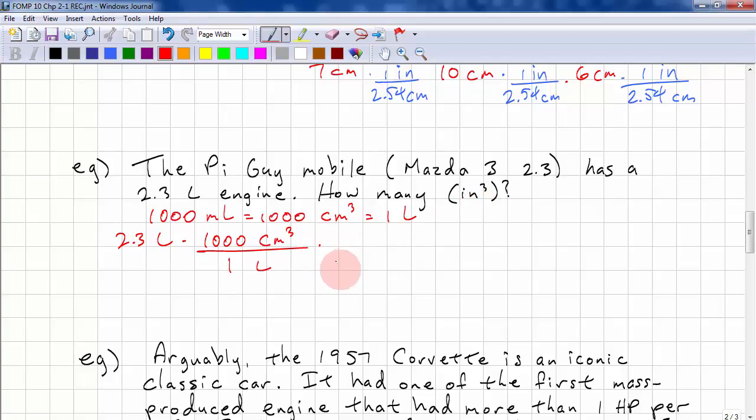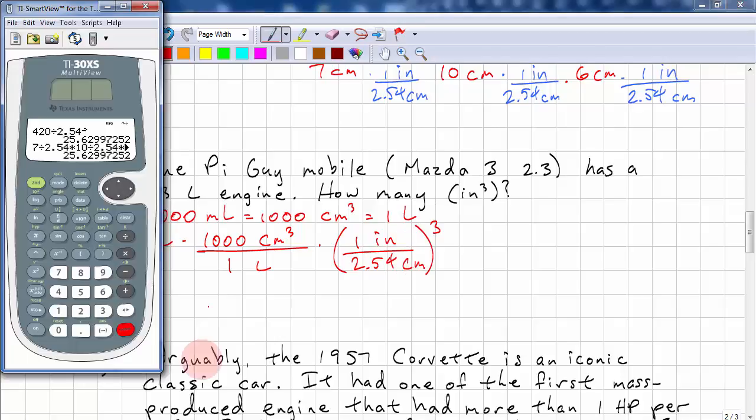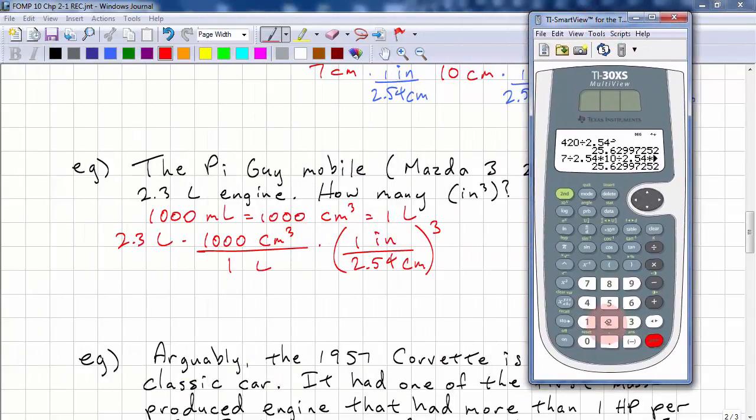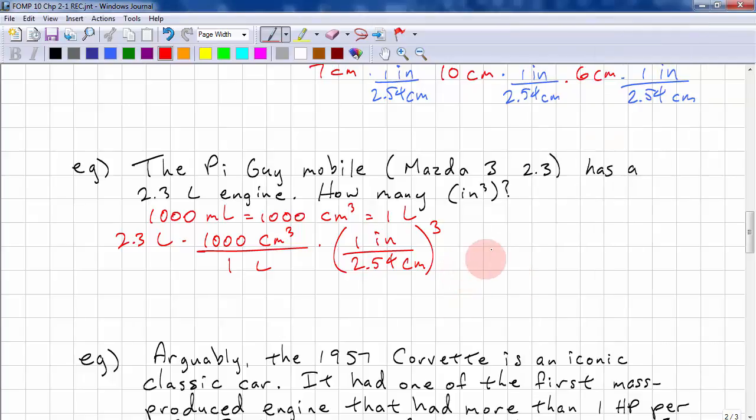So now we multiply by 1 inch over 2.54 centimeters, and we cube the whole thing. Okay, on our calculator, again, it looks like this. 2.3 times 1,000 divided by 2.54 raised to the power of 3. And we get 140 cubic inches. And the liters cancel out and the centimeters cubed cancel out. And we're left with cubic inches.